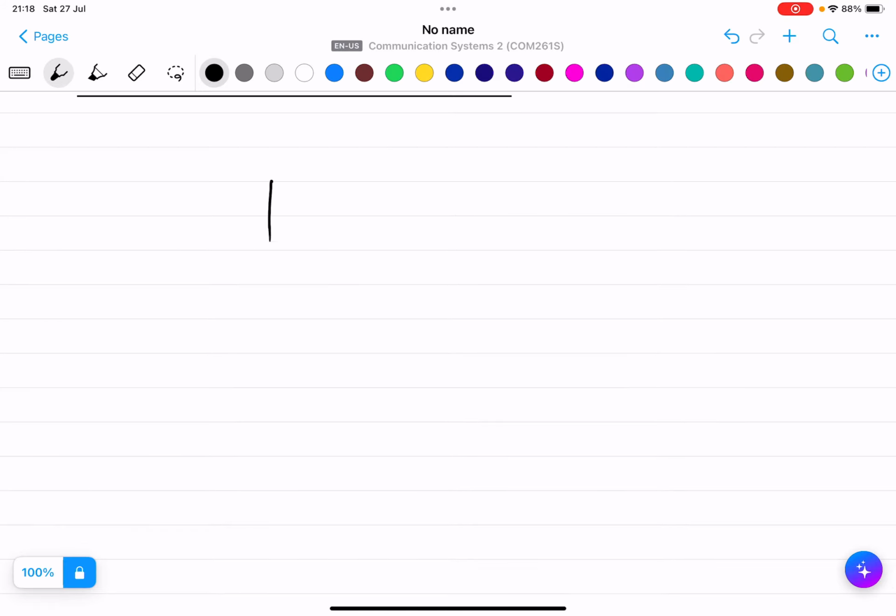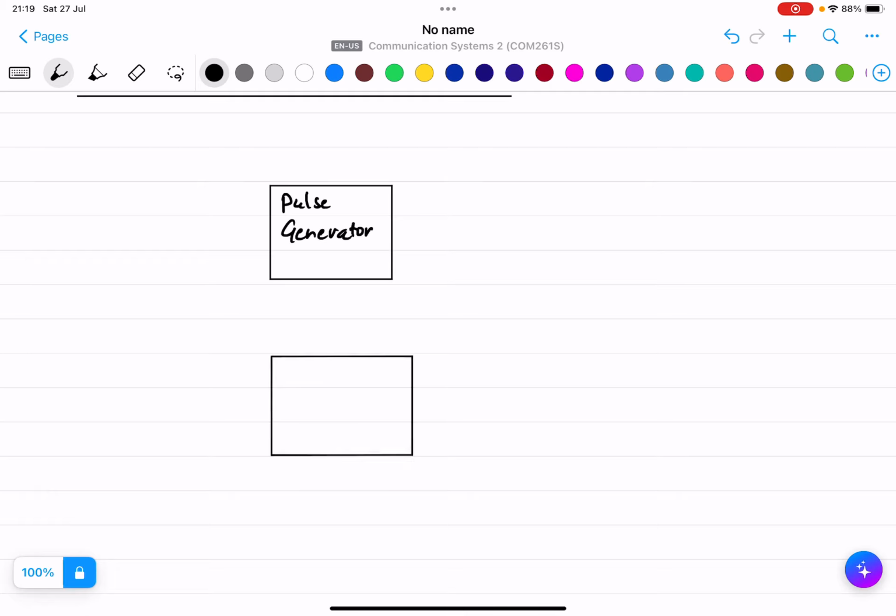For demodulation, there are these blocks. The first one is the pulse generator. The second block is the reference pulse generator, and then it goes to a flip-flop. I don't know if you studied the flip-flop in your digital systems or not. If not, you are going to study it.